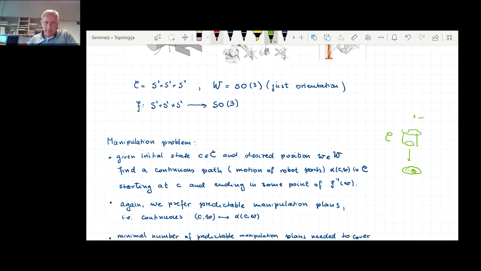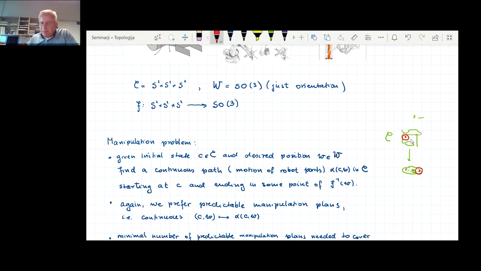And now your device is in some state, which corresponds, of course, to some position in the workspace, and you want to get here. So your initial data is given by the initial state and the final position, which means you need to find a path within the inner space of the robot or your mechanical device, which in the end brings your robot here.